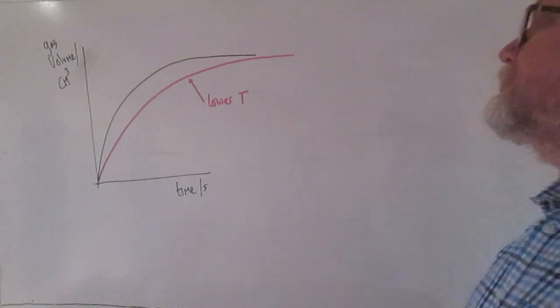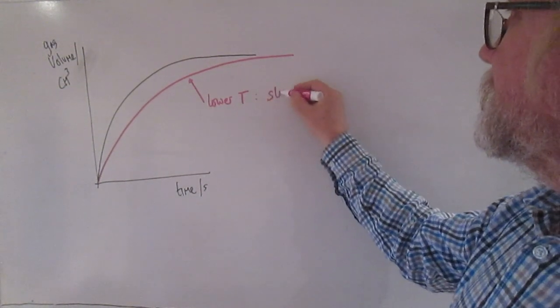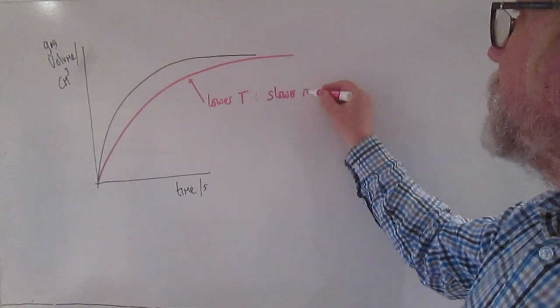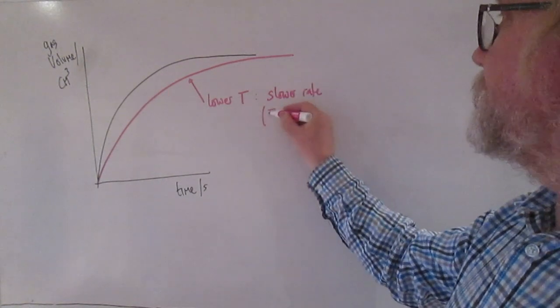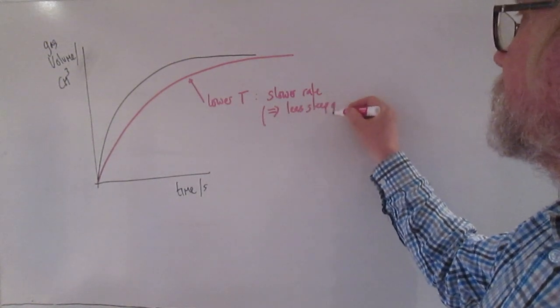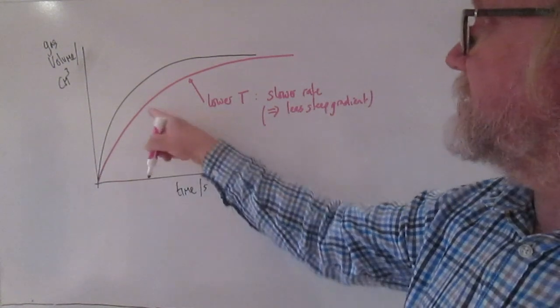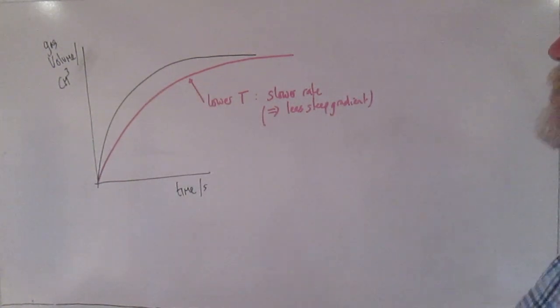And the two important features of it are that you get a slower rate, which therefore means that it's a less steep gradient. And you can see that's true at all points. It's always less steep than the one at the higher temperature.